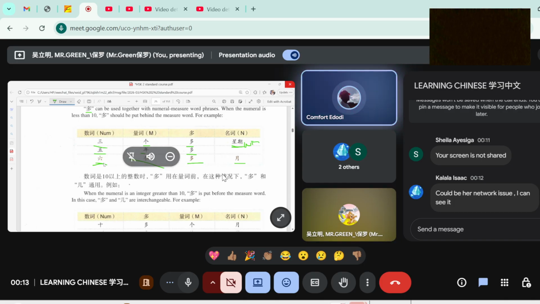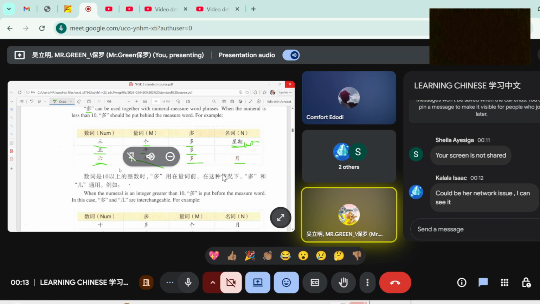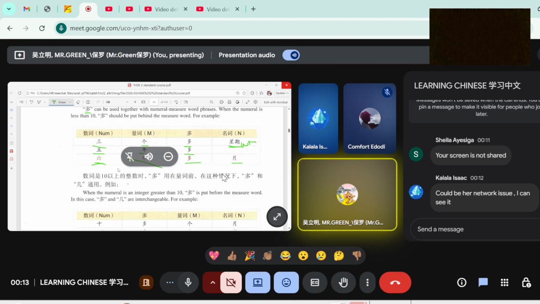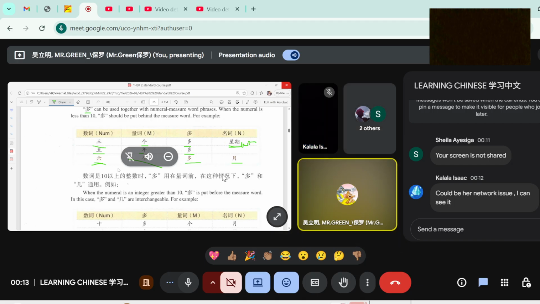Yeah, the screen is visible here. Okay. Maybe Sheila, you can check your network, or maybe leave and join again and see. Join with a different device.